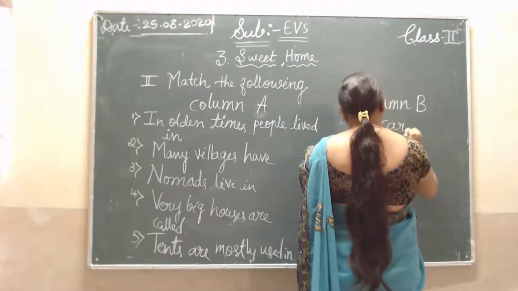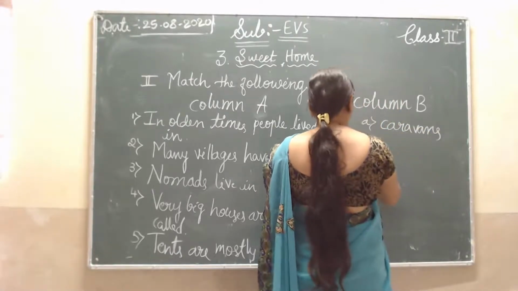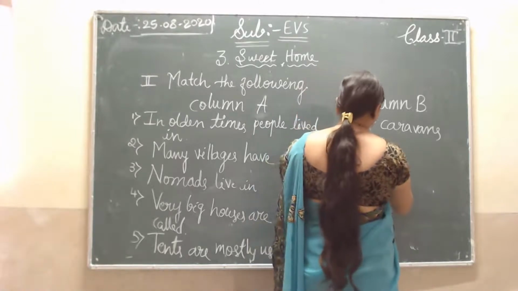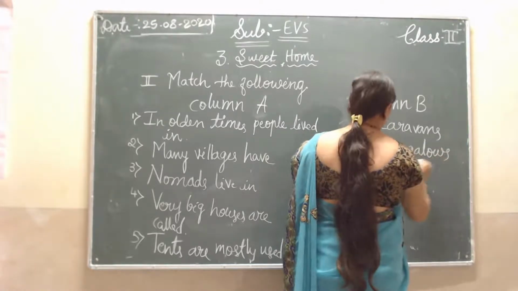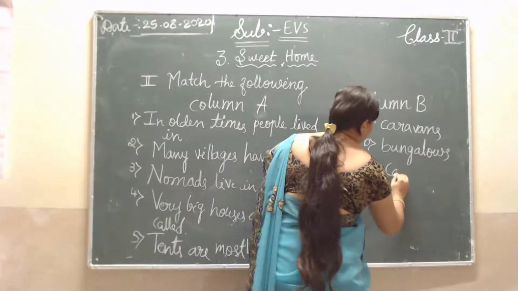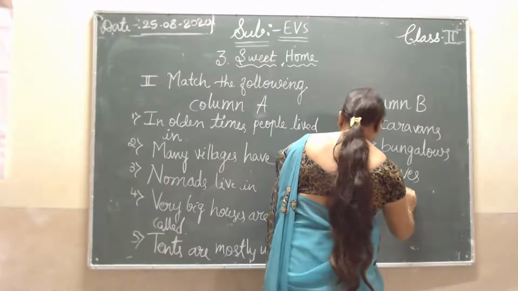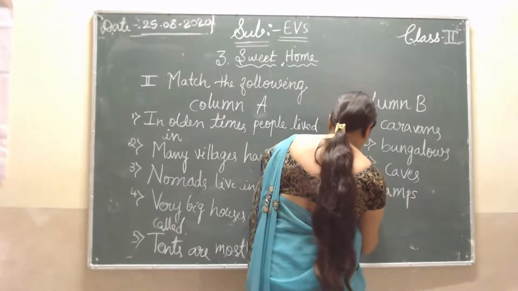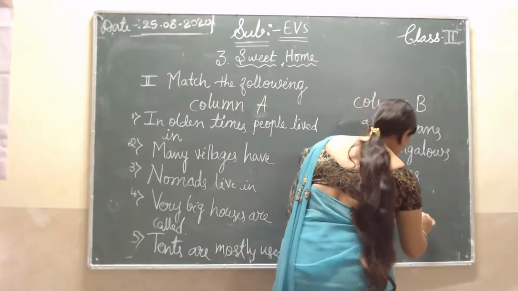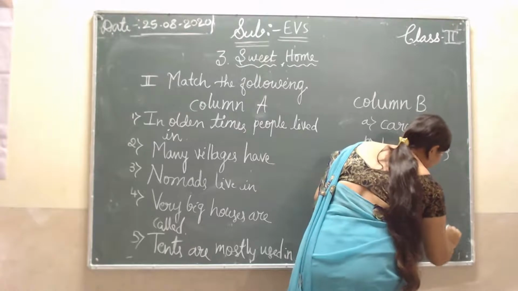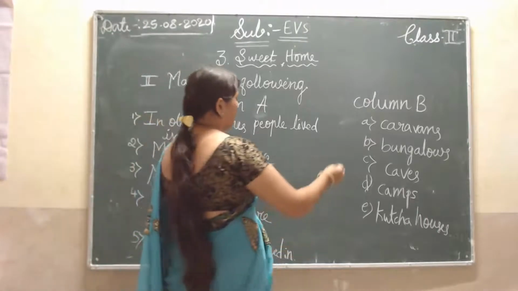The options given in column B are: A caravans, B bungalows, C caves, D camps, E Kacha houses.